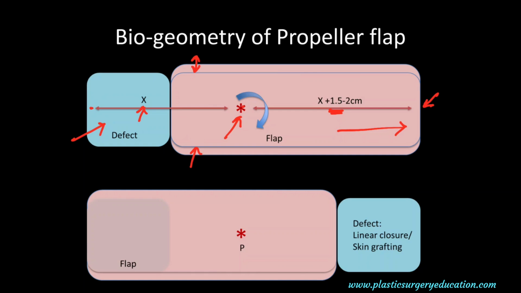Once the flap is islanded, it is axially rotated on the axis of this perforator, so that this point over here, the distalmost point, covers the defect over here. We have a secondary defect over here, which can be either skin grafted, or in case excess tissue is there, we can close it in a linear fashion. So this is how the movement of a propeller flap works. It rotates axially around a particular perforator.